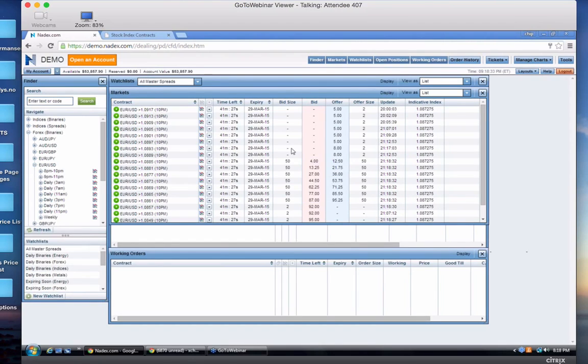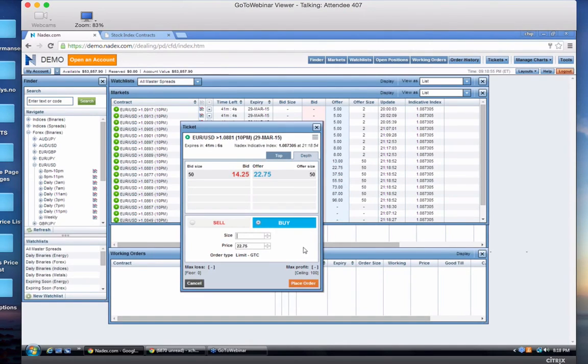The offer is the lowest price someone's willing to sell at, and this is first level. If you click on one of these levels, let's say the 1088.1, and click on the offer price, that will give me a buy ticket.